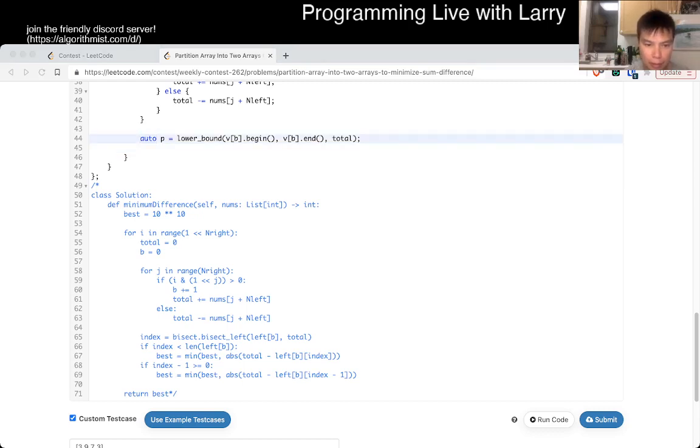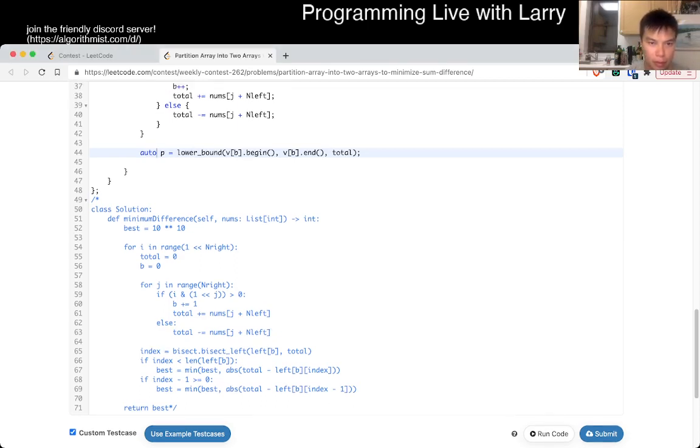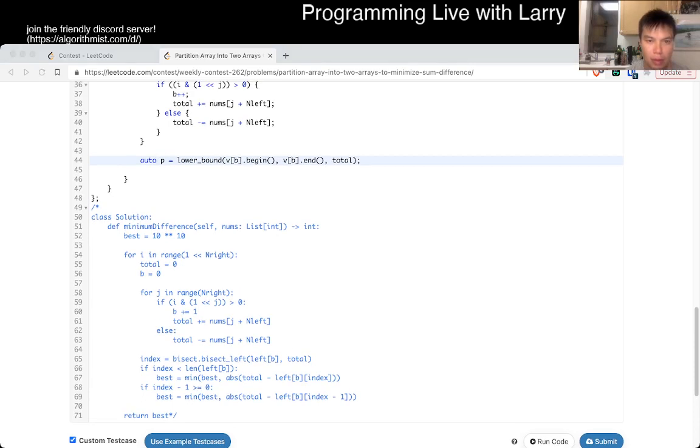Maybe I should practice this a little bit. Like I'm trying to find whatever this is not found.